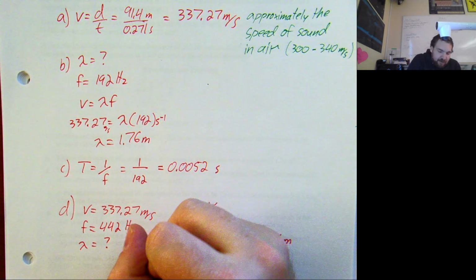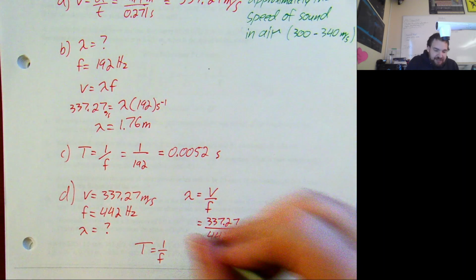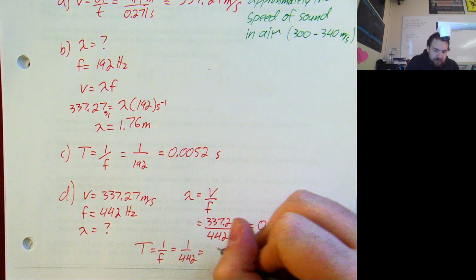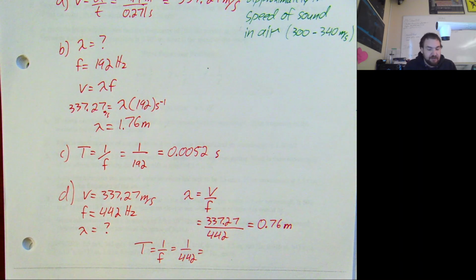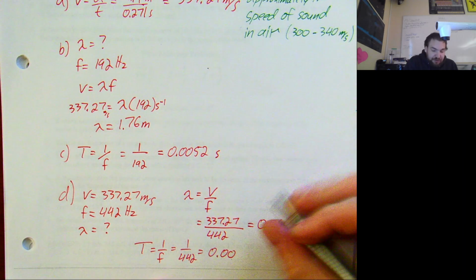How about the period now? Well, that is easy. Period is equal to 1 over the frequency, which is going to equal 1 over 442. What's the new period now? It was 0.0052 seconds. The period's now, James? 0.0023.